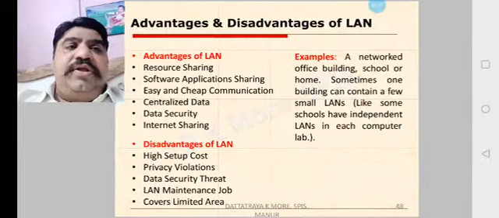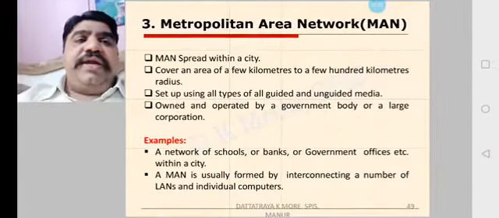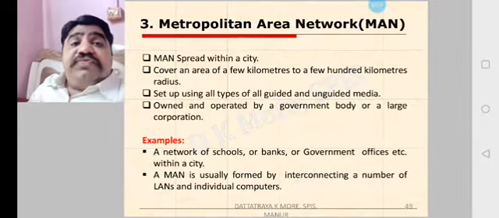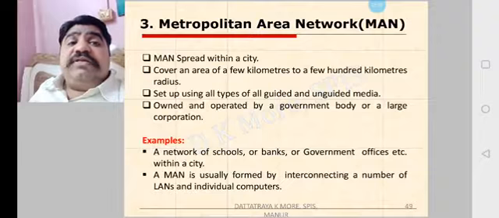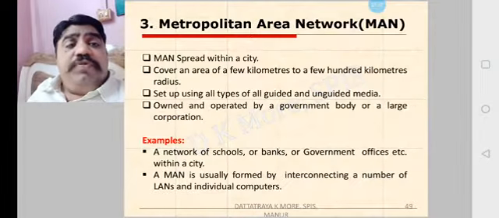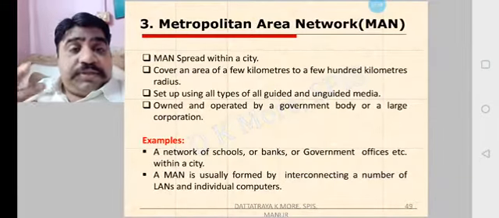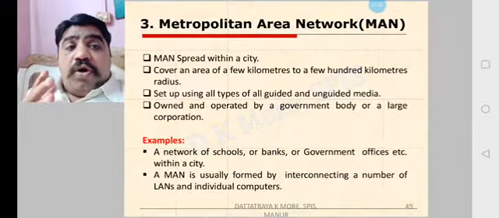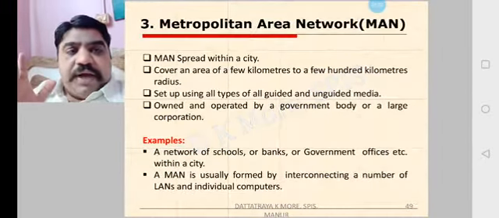Okay, let's move ahead to the metropolitan area network, MAN. A MAN spreads within a city. It covers an area of a few kilometers to a few hundred kilometers radius. It is set up using both guided and unguided media.